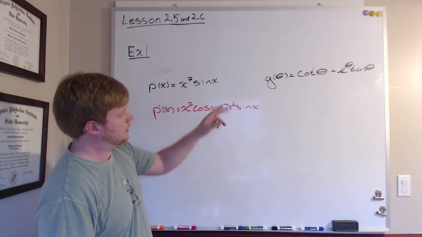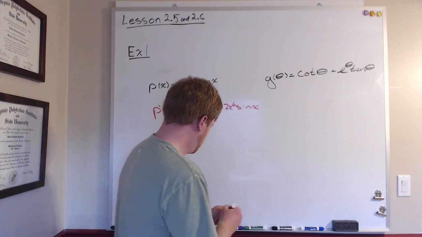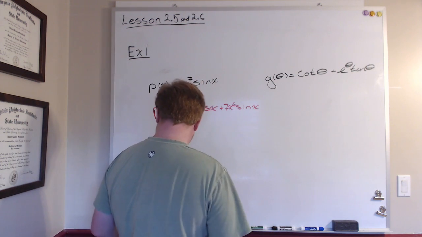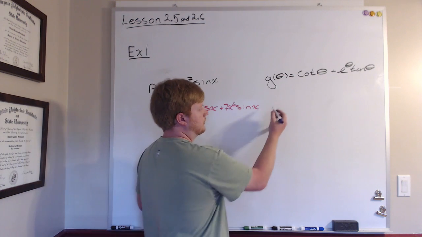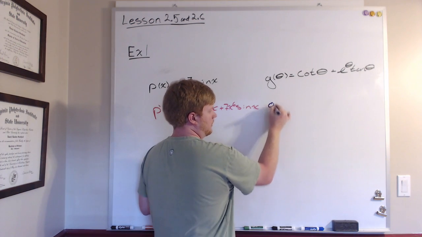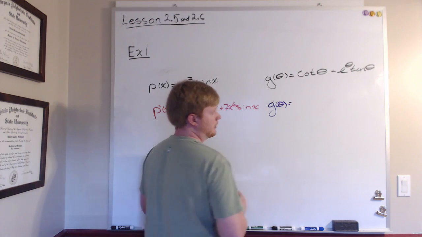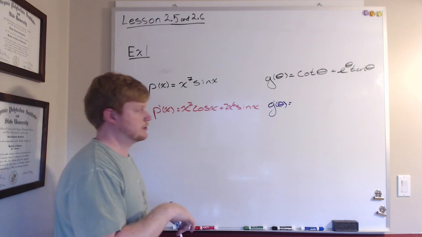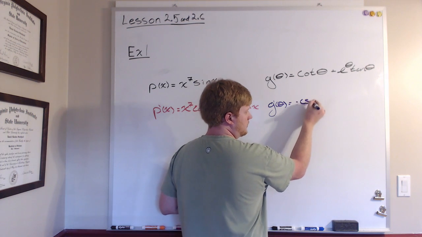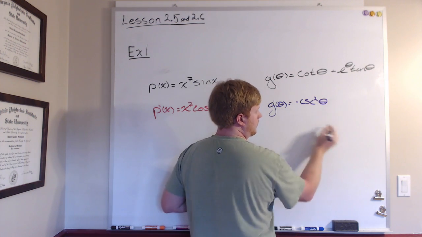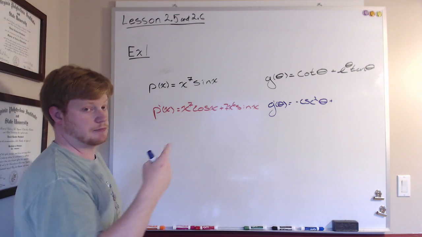All right, over here, g of theta. Let's use a different color since we're sort of far over. Let's see, g prime of theta be the derivative of the first. Remember, the derivative of cotan is negative cosecant squared plus the derivative, plus a product.